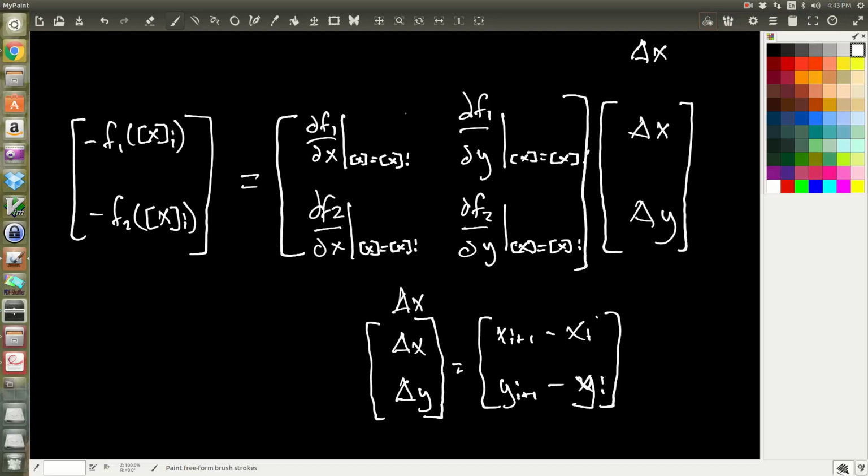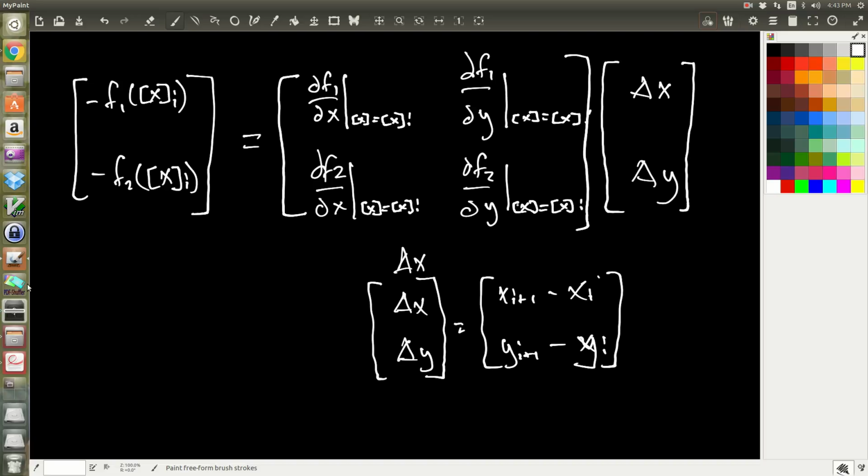So what we do is, this is just a linear set of equations. This is like a constant vector, so this is a b vector, equals some matrix that is just full of numbers, a coefficient matrix, A, times an unknowns vector.